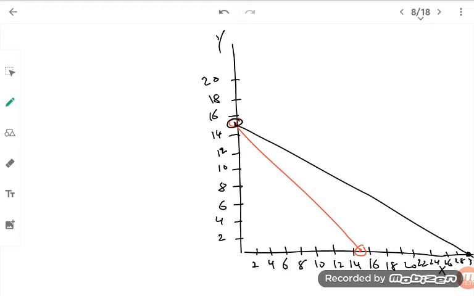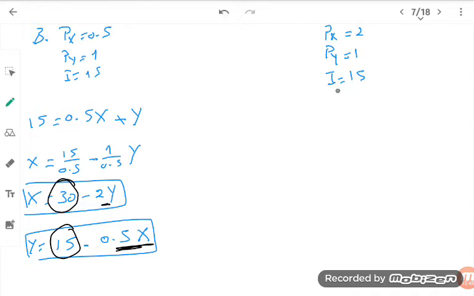As we said before, the change of the price of only one commodity will cause a shift with different slope, or rotation from a point. The same we are going to do in case of price of x equals 2 instead of 1. So 15 equals 2x plus y. This is equation number 1.